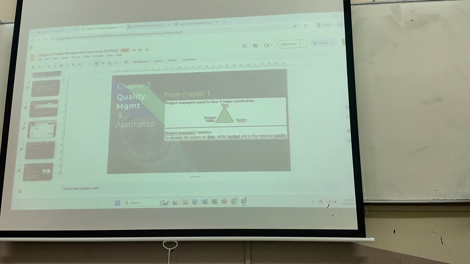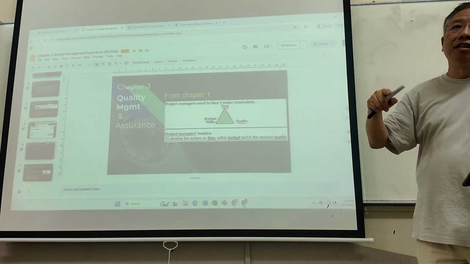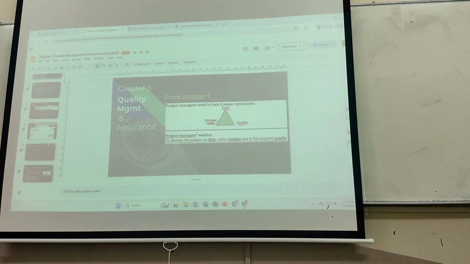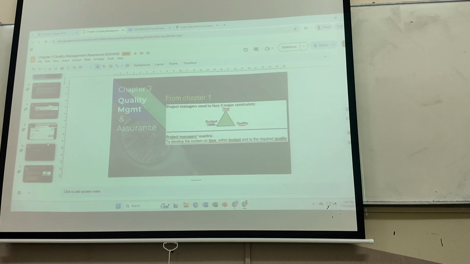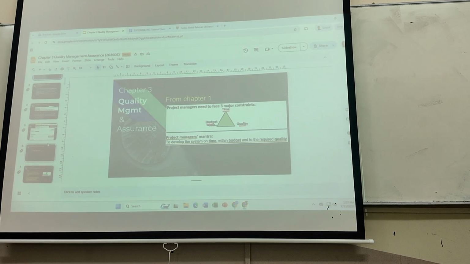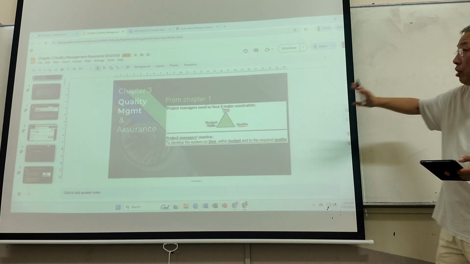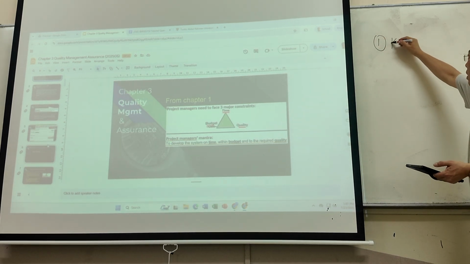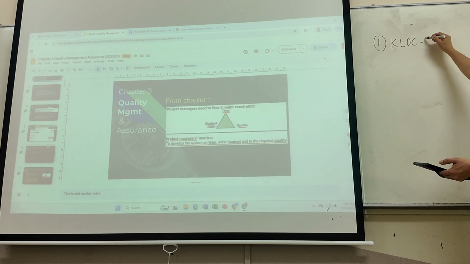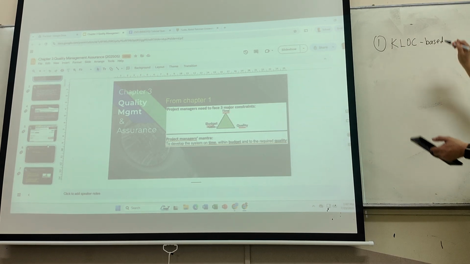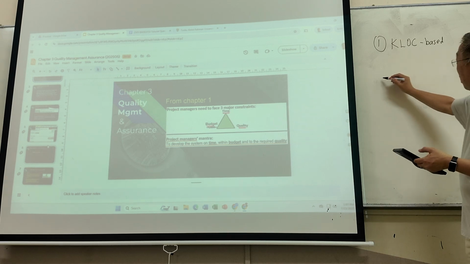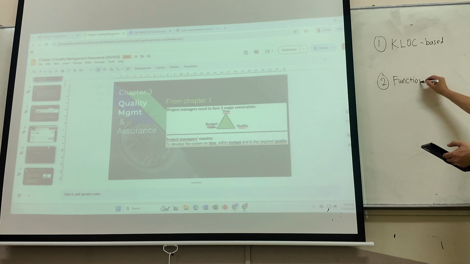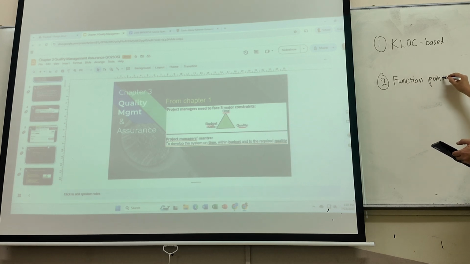Today we are still going to be on chapter 3, but we're going to focus the tutorial on the calculation side. So there are a few calculations in chapter 3. One is what I call clock based because I follow your clock base, and I'll explain what this is. The other one is function point analysis.